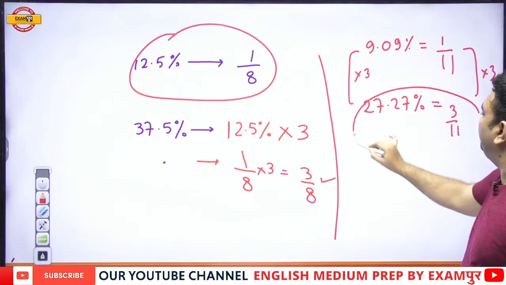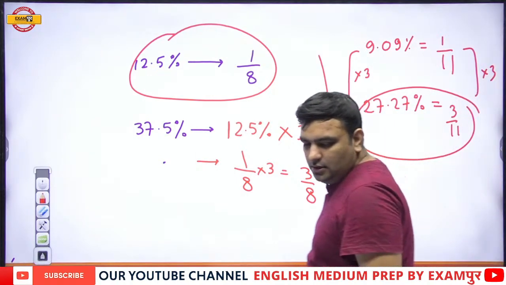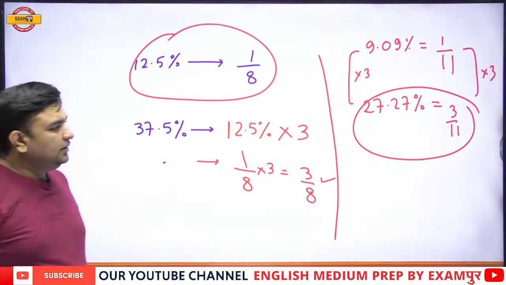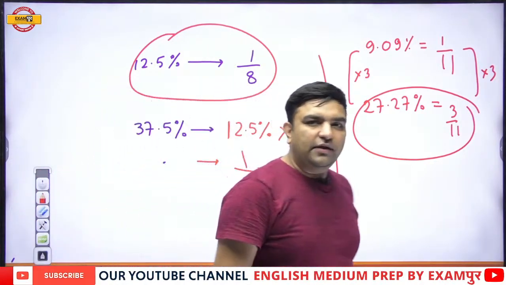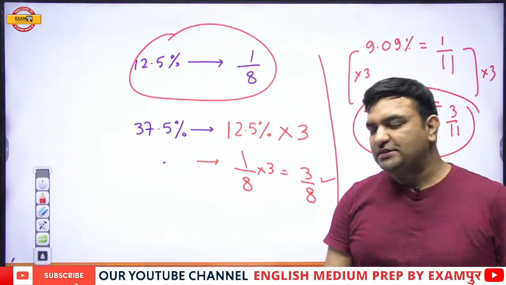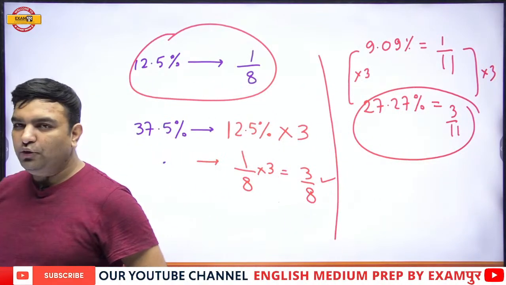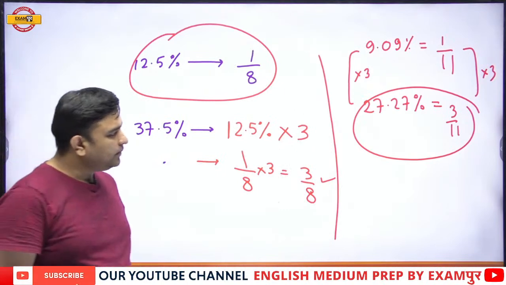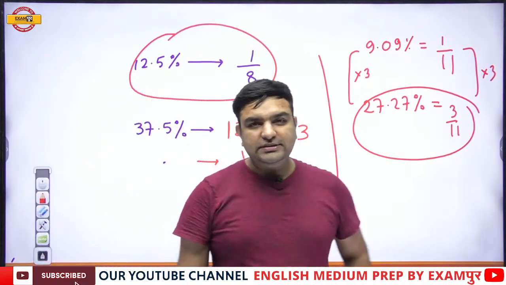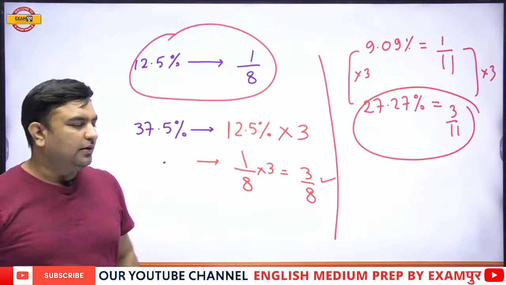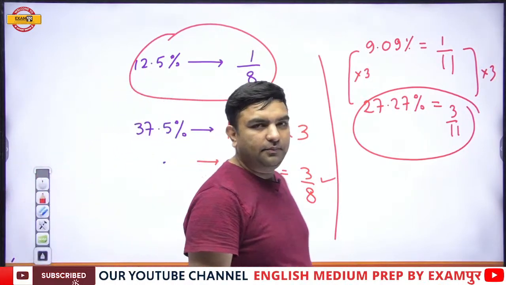So what you learned is that even if 27.27% is given in the question, we can convert it into a fraction.